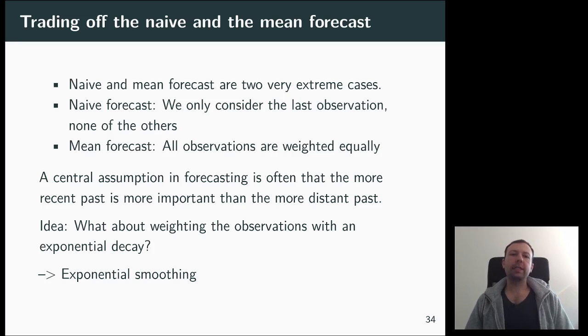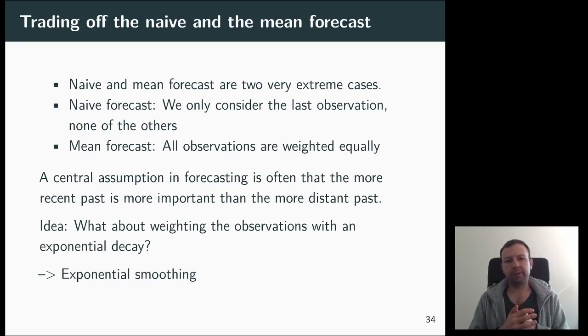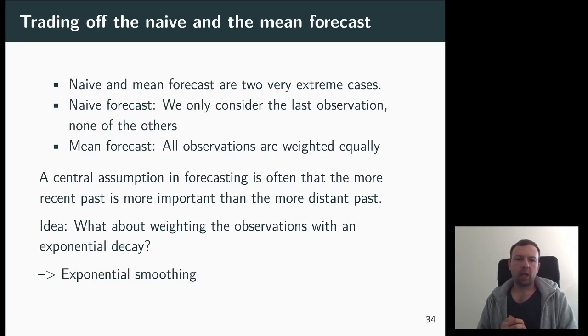However, in forecasting, a central assumption is often that the more recent past is more important than the more distant past. So now there's this idea: what about we don't weight them all equally, but also we don't look only at the last observation, but we weight the last observations more, and then have it taper off.